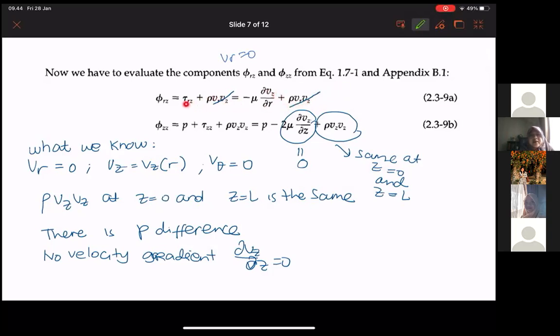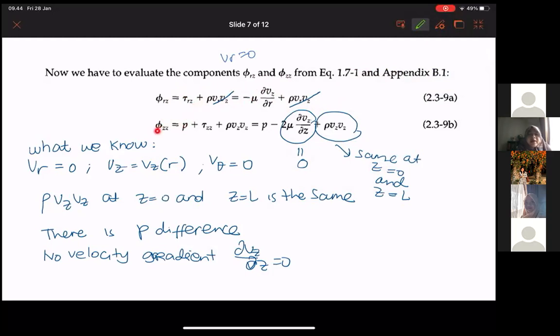Then CRZ would be equal to tau RZ, or equal to mu dv over dR. So here is the one that we're looking for if you want to find the momentum flux distribution, or we can use this equation if we want to find the velocity profile distribution.